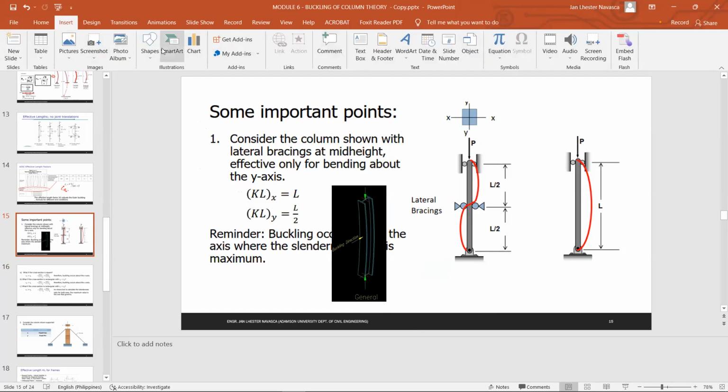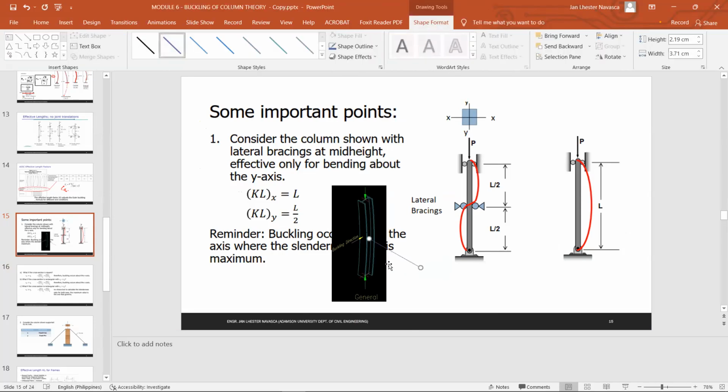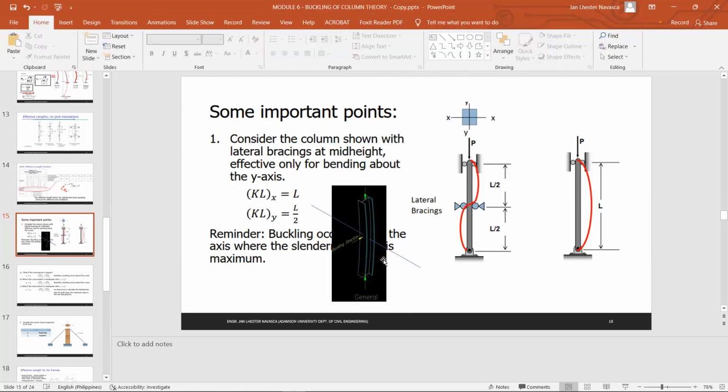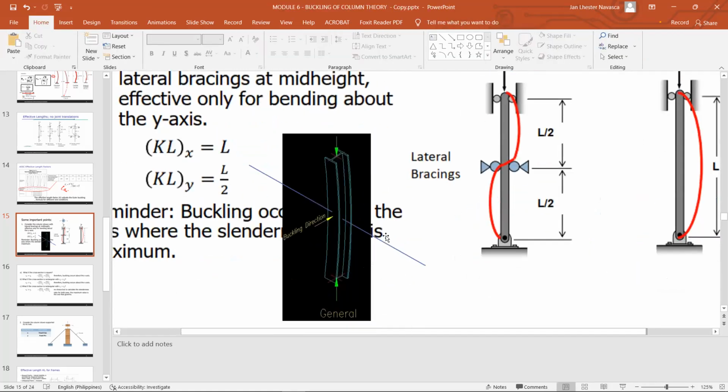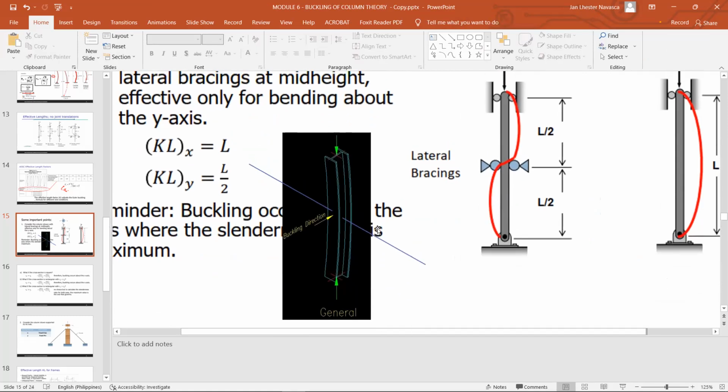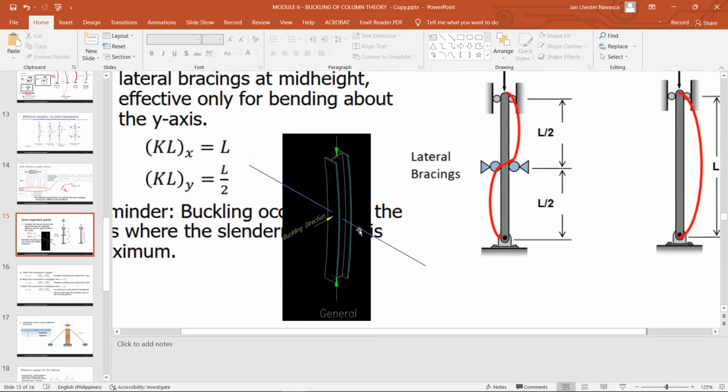The example now is you just add a bracing here at mid height, and a bracing here on the other side. Did you get it? During the design, you added a lateral bracing at the mid height.